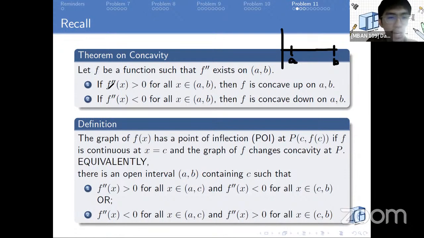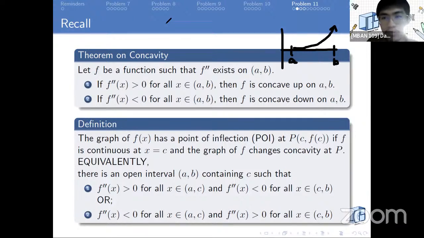Ayun. Ganyan yung concave up mo, naka-face siya upwards, at the open interval AB.